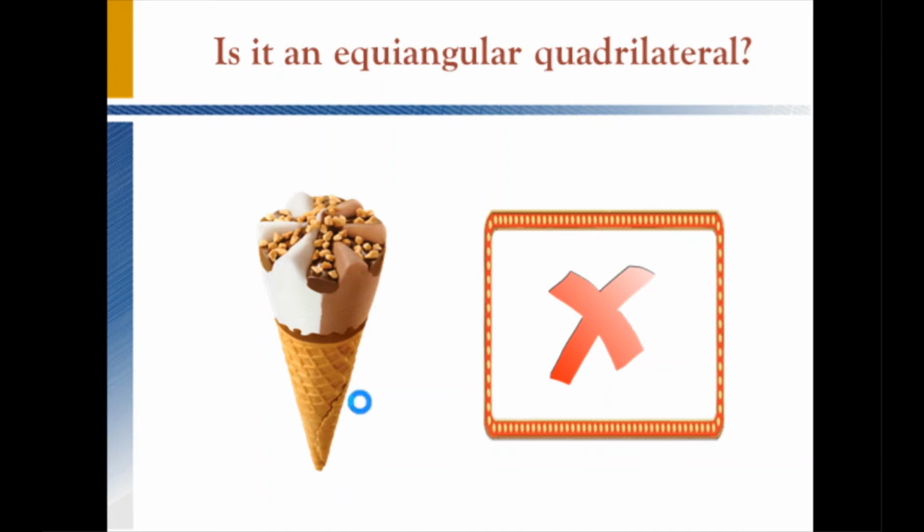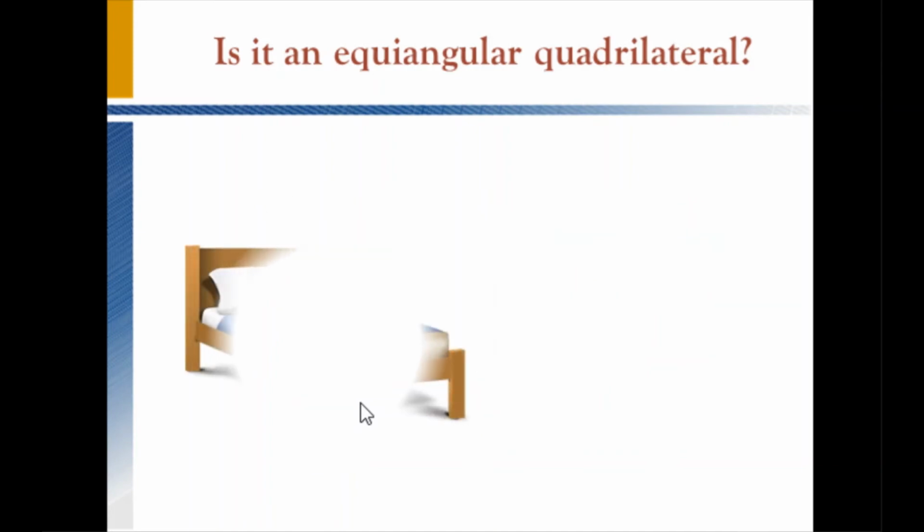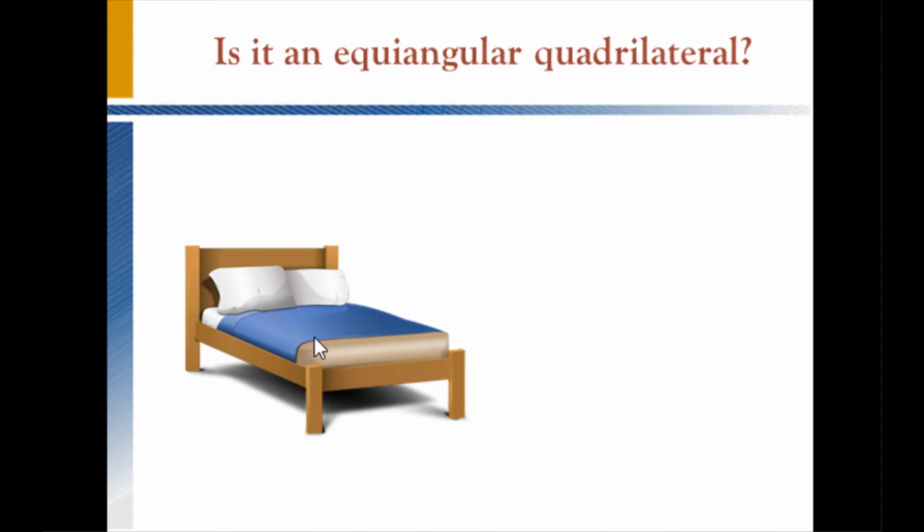How about the next picture? What picture is this? It's a picture of a bed. Very good. Now my question is, is a bed an equiangular quadrilateral? Yes or no?